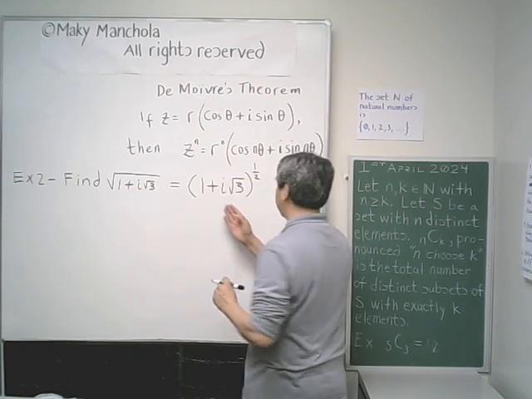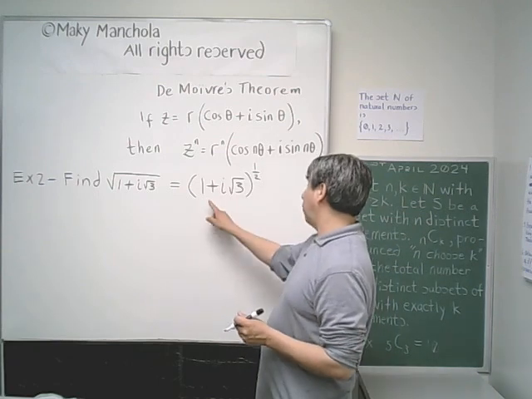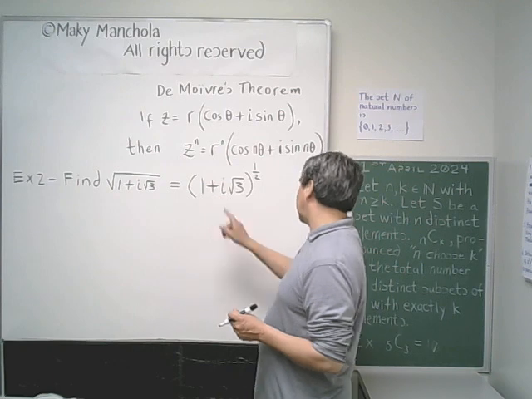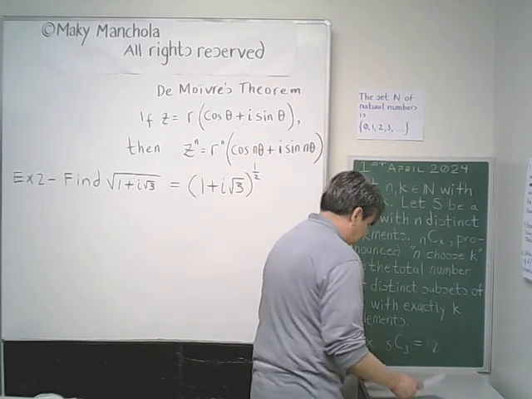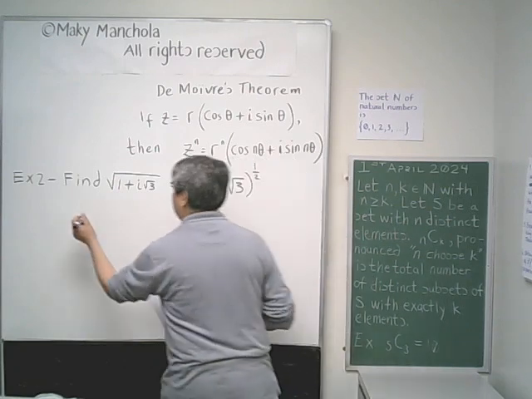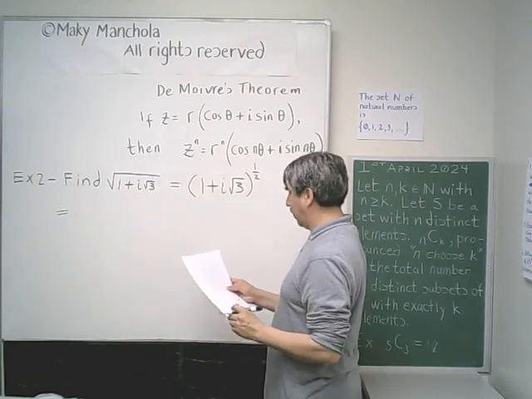The audience can take a minute to obtain the polar form of 1 plus i square root of 3.